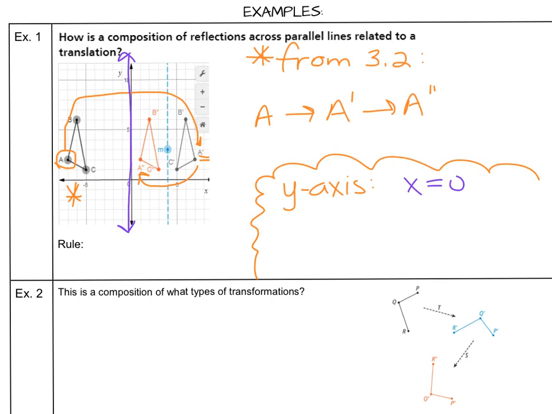And if we're asked to reflect over the x-axis, that's the same thing as y equals 0. So if it says x-axis, the equation is y equals 0, and you'd go in that direction. More often than not, we're going to see now these types of equations to represent x-axis and y-axis.